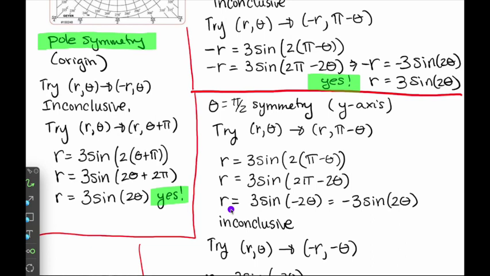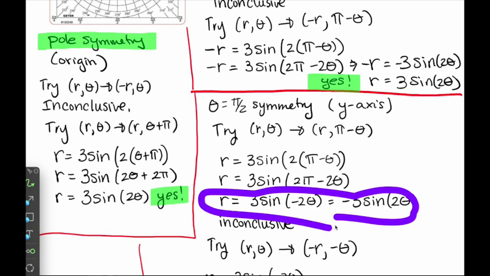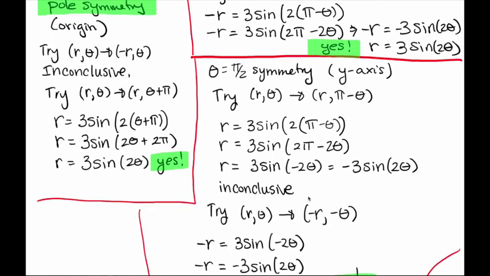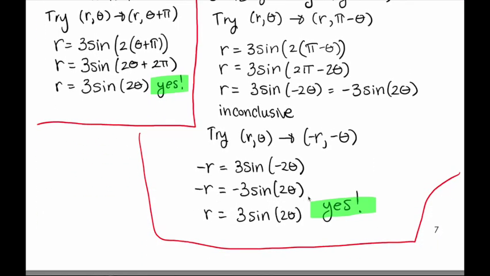That leaves me with negative 2 theta inside. Because sine is an odd function, this negative can be removed, and I replace it with a negative 3 in front. Because I didn't get the same thing back as what I started with, this test is inconclusive. So we're going to go on and try the other option.